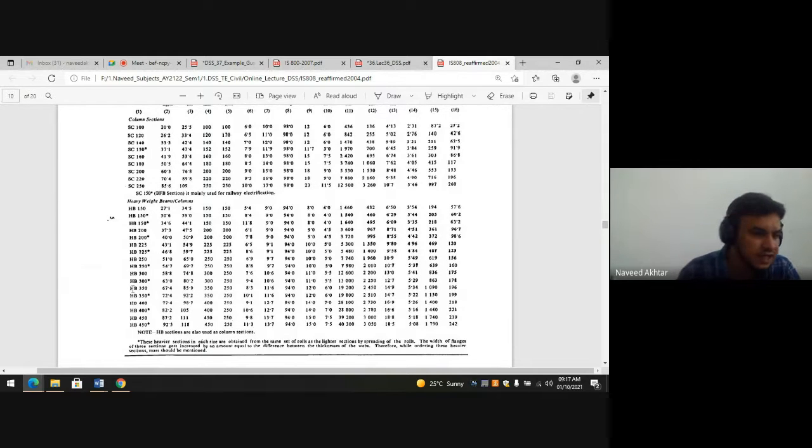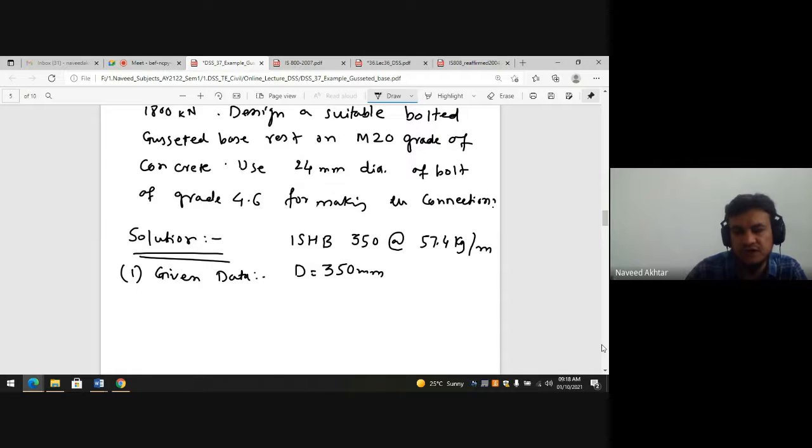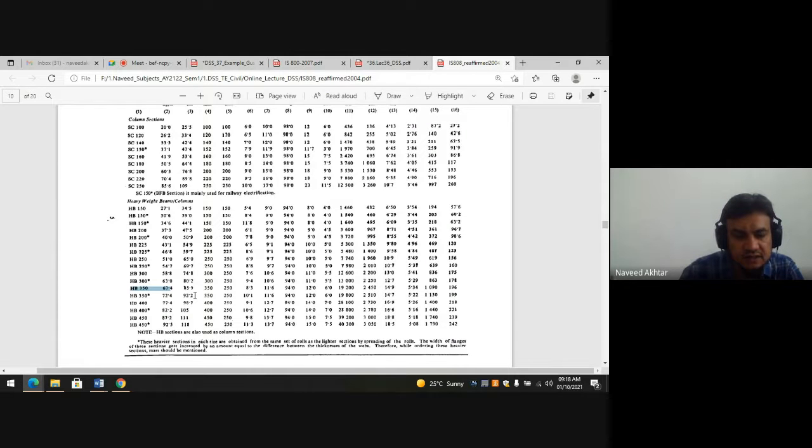So here ISHB 350, it is given 57.4 kg per meter. Make a correction here, this is 67.4 kg per meter. So we will write down the properties of that.